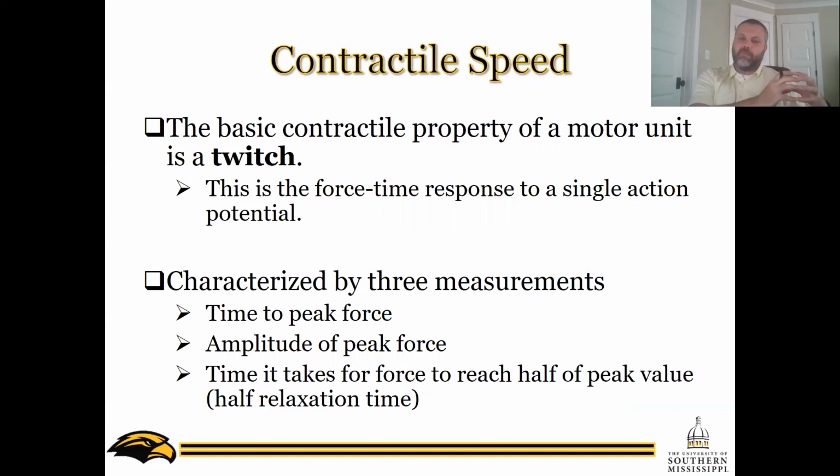You would have very specific alpha motor neuron characteristics that go to specific muscle fiber types, and that's really important. The way we do this is through the time to peak force, the amplitude of that peak force, and the half relaxation time, or your ability to get back to baseline.